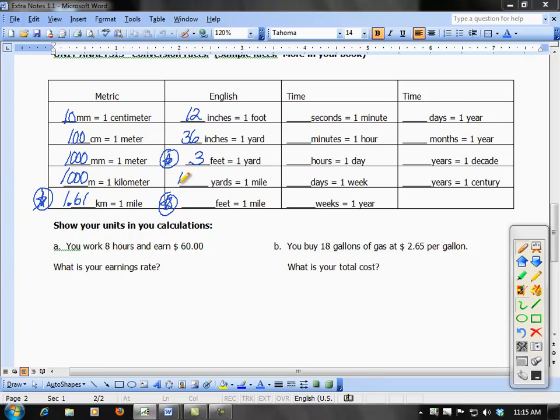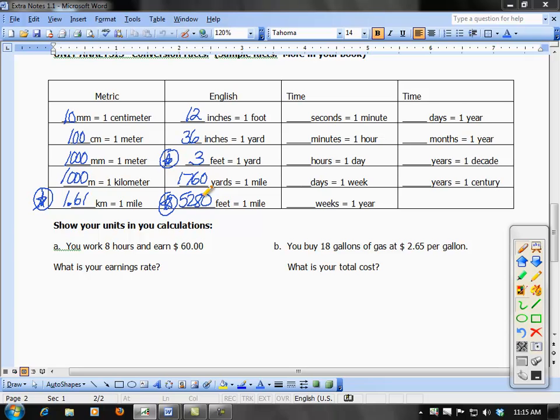There are 1,760 yards in a mile if you do some conversions along the way. And there are 5,280 feet in a mile. Okay, and those are things to kind of keep in mind, and we'll show you some of those along the way. But the starred ones you will need to know from here on out.